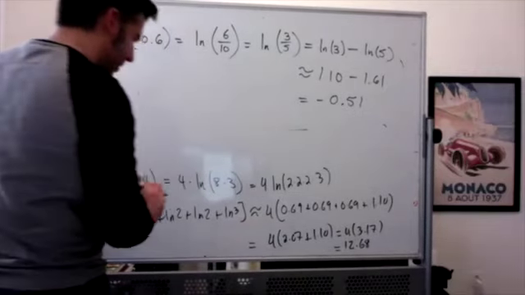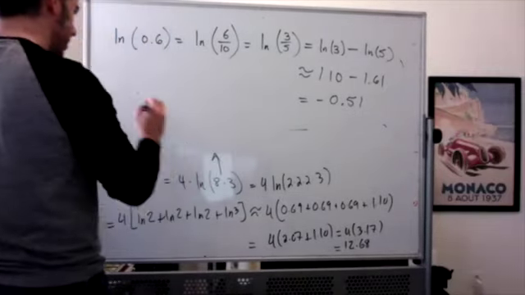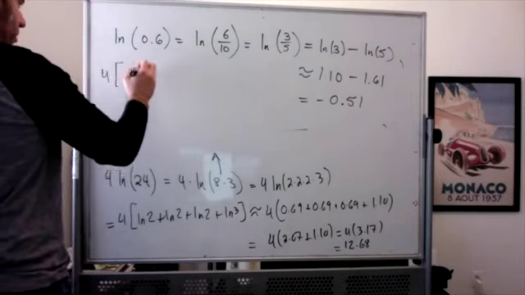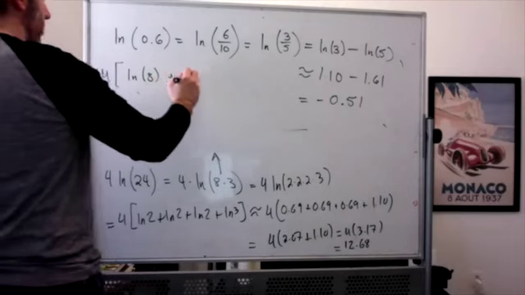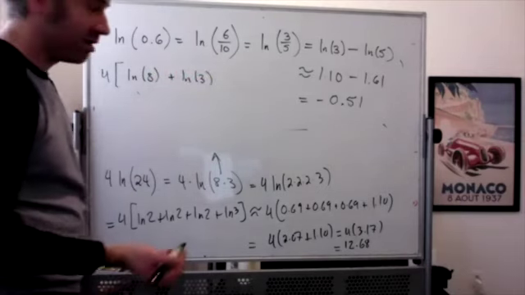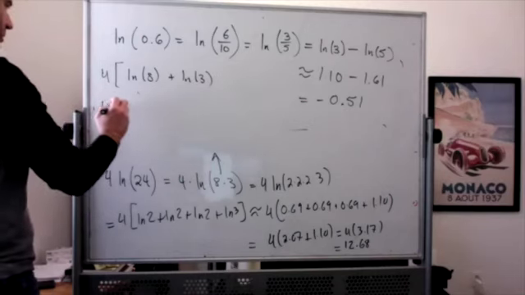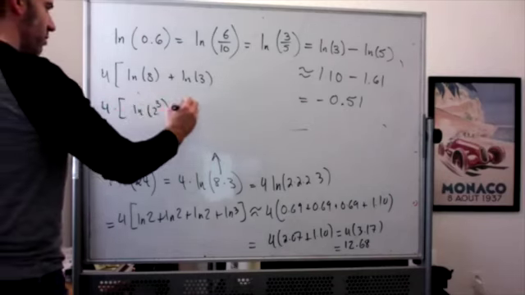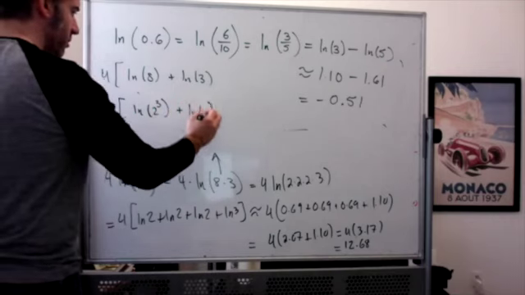If instead, at this point right here, we thought of it like this, 4 times natural log of 8 plus natural log of 3. We can use the fact that 8 is 2 to the 3rd power. So we can say that this is 4 times natural log of 2 cubed plus natural log of 3.